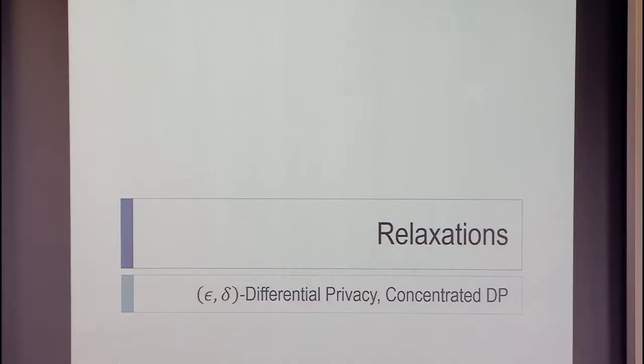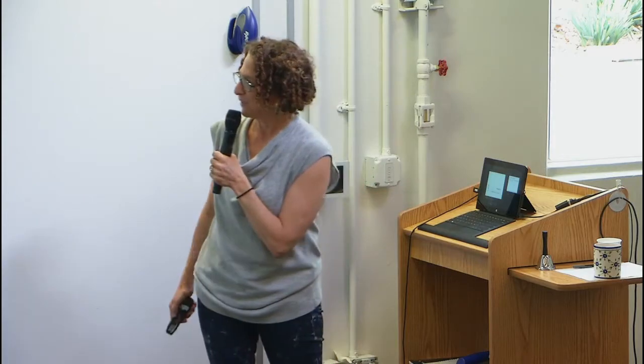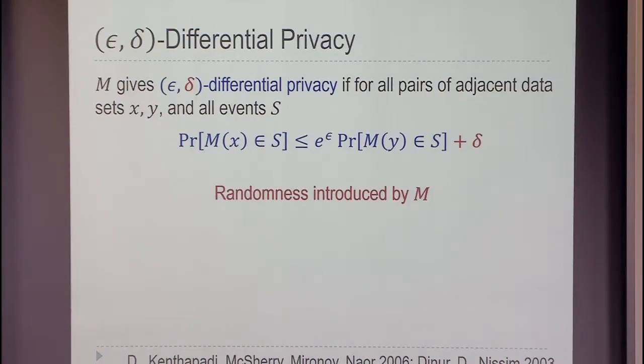So now we're going to move into discussing some relaxations of differential privacy. The first one, epsilon delta differential privacy, is sometimes referred to simply as relaxed privacy. So what is it, and how does it compare to our previous definition?